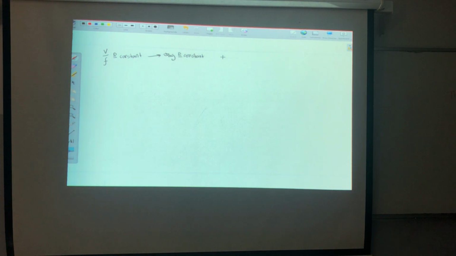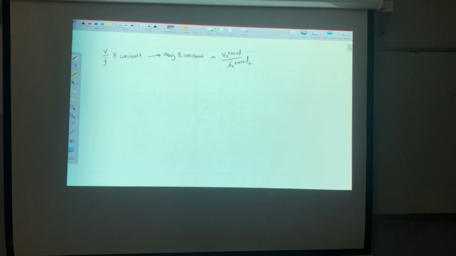And of course, if I need to fix it, I will fix it at the rated conditions, which is the best conditions for the machine. So this will be Vs rated over Fs rated.